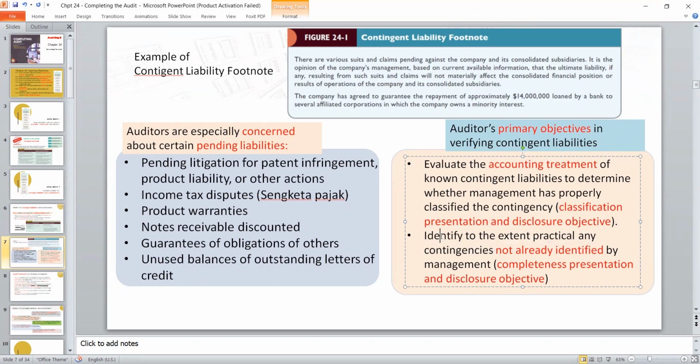And that's one of the primary objectives of the auditor: to identify any possibility of a contingency that the management has not identified. This is about the completeness for the presentation and disclosure objective. This is the completeness assertion. This is the classification.